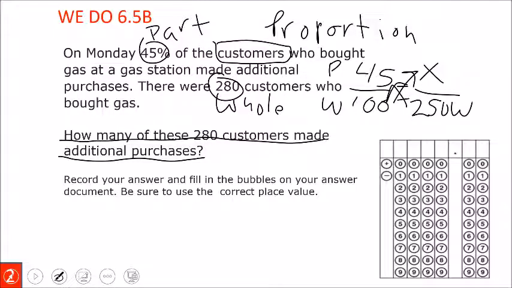So we're going to multiply 250 times 45 equals, because these are going to be equal when we do our butterfly, so that needs to be correct. So these are equal when we cross multiply. 100x.